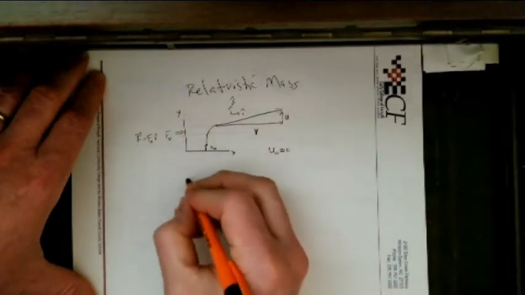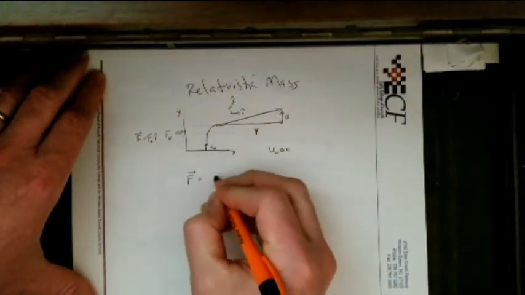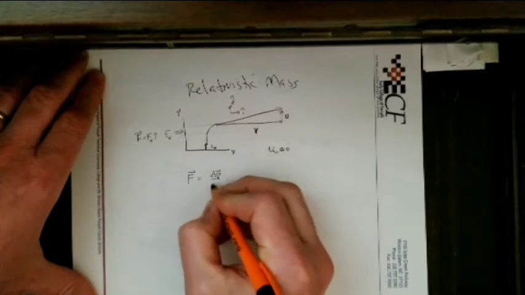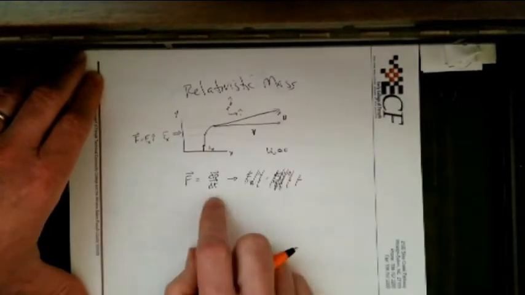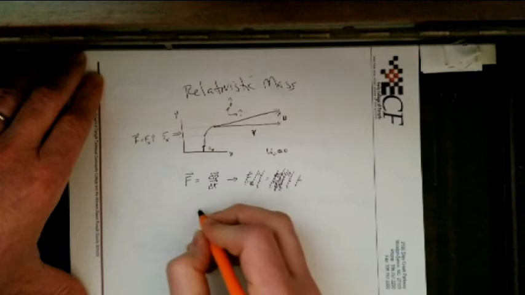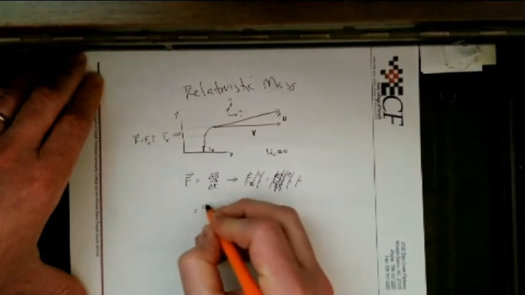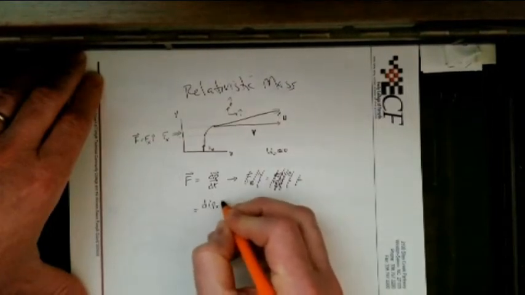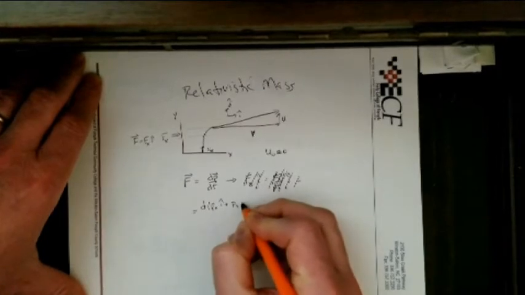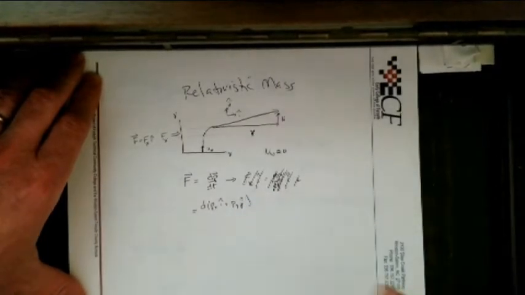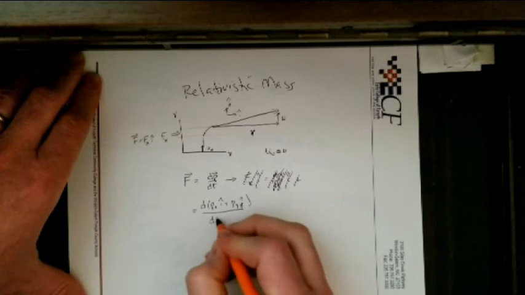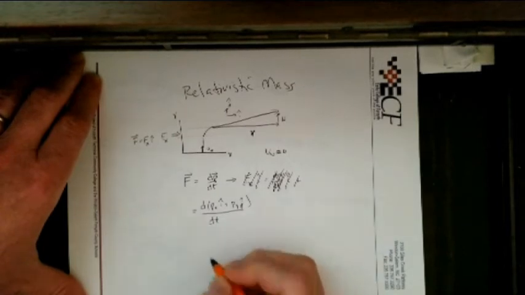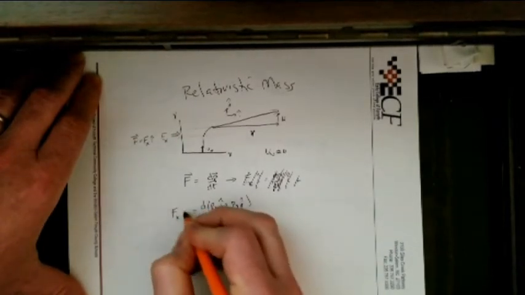I know that force is equal to the change in momentum over the change in time, or dp/dt if we're dealing with instantaneous, which is d(px i hat plus py j hat plus pz k hat)/dt, but I'm again keeping this in 2 dimensions. And that's equal to fx i hat.